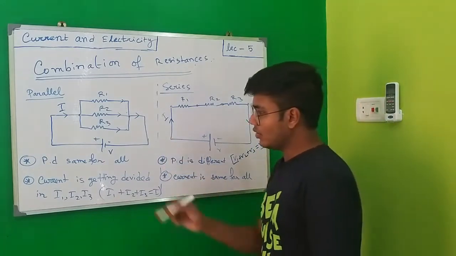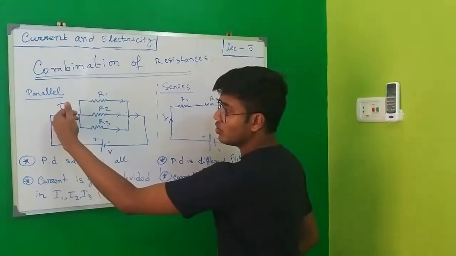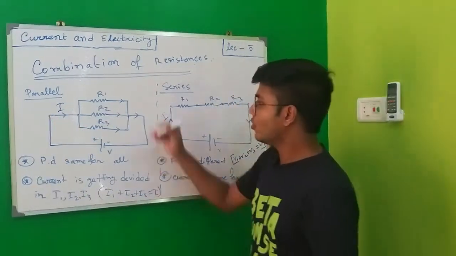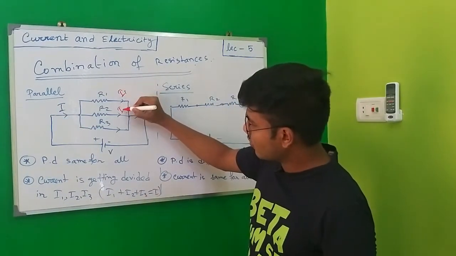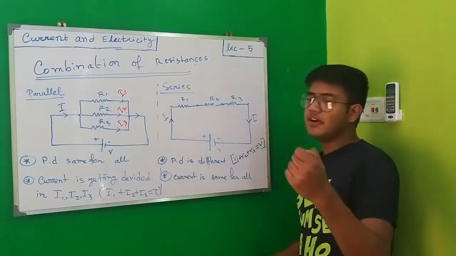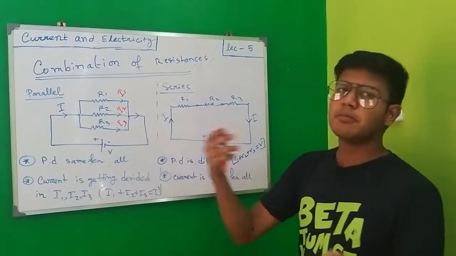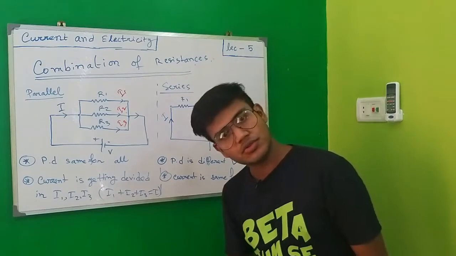As you can see, whenever the current passes from here, it gets a chance to divide into three parts. The first one will get I1, the second I2, the third I3. Make sure that if the values of resistance are different, then the passing current will be different.